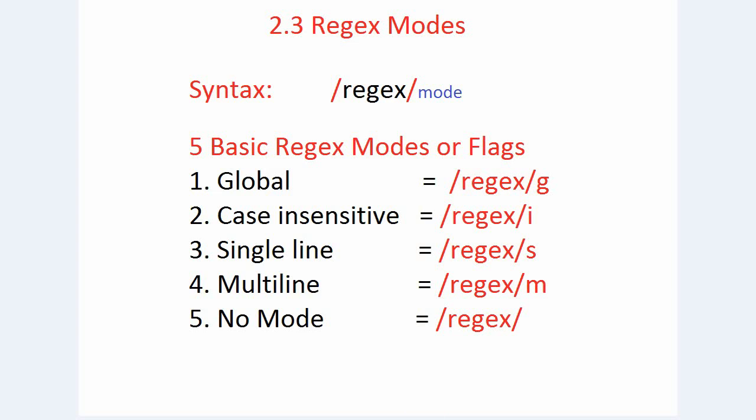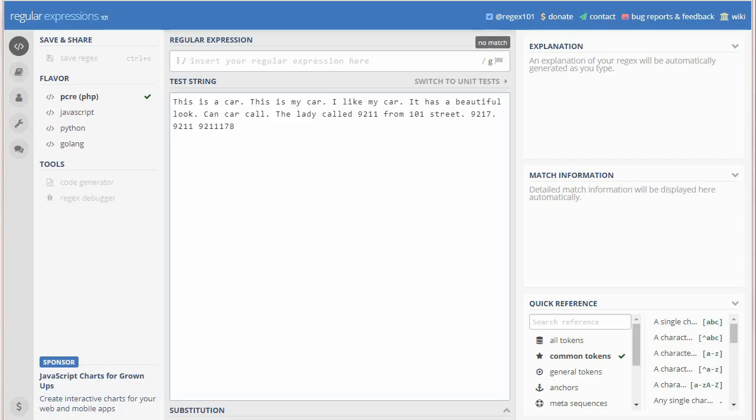Now we are going to see the global mode, standard or no mode, and case insensitive in our regex tester. In regex101.com, by default, the global mode or g mode is on.